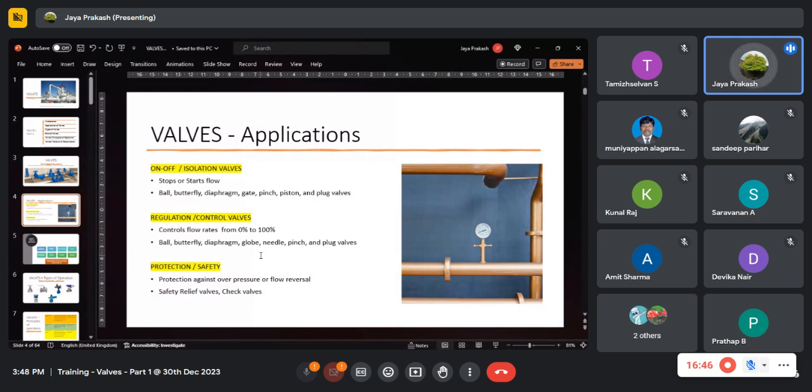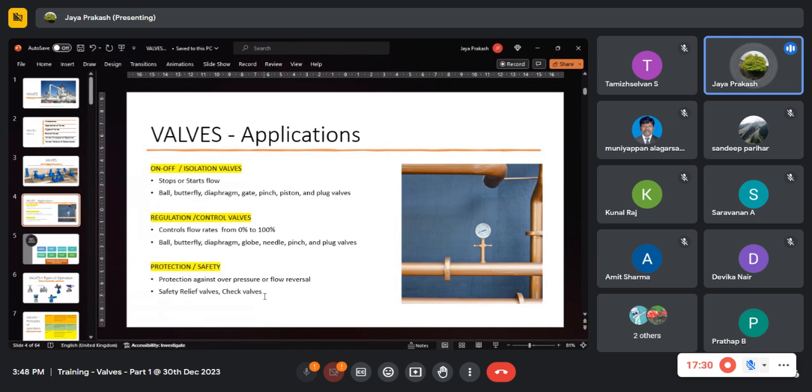Most people will think both are the same, but a safety relief valve will pop open suddenly when a certain pressure is reached. A pressure relief valve will be open for a continuous flow, up to a certain pressure, and if it exceeds that, it will close. That is the function of a pressure relief valve.